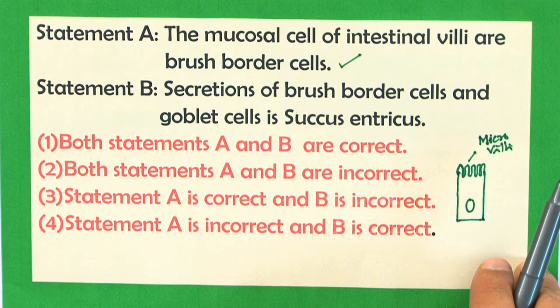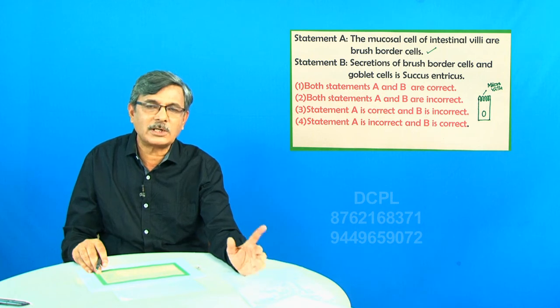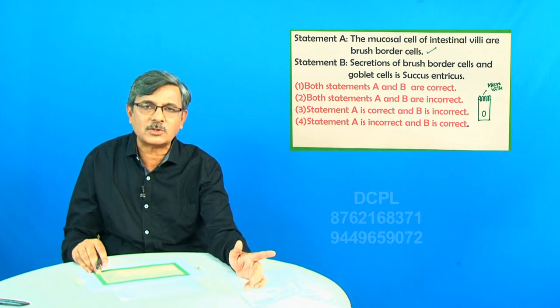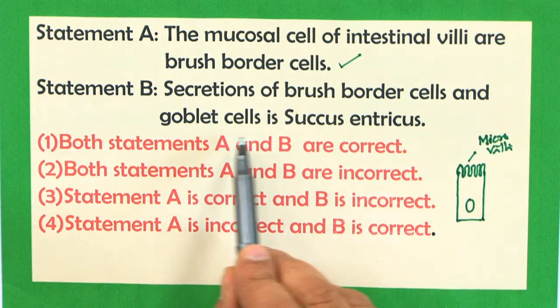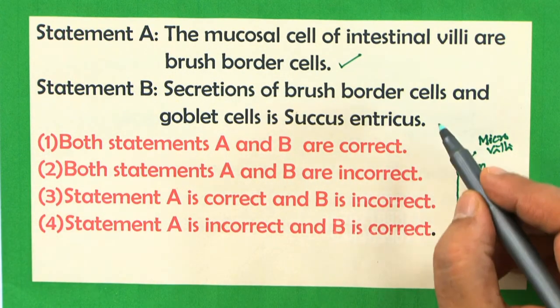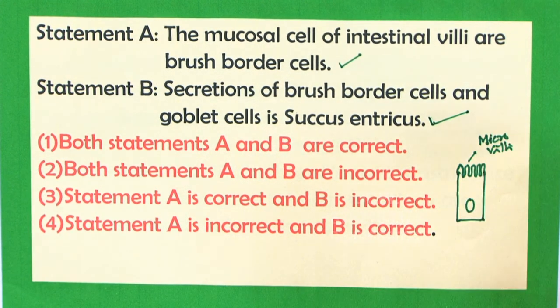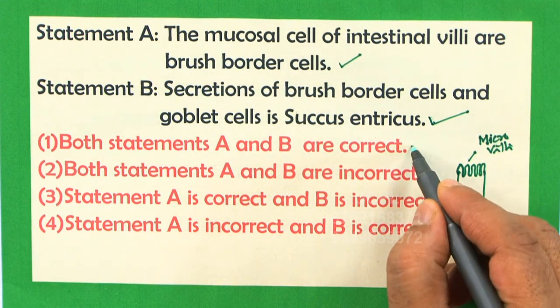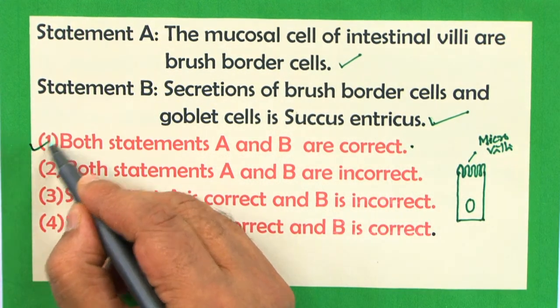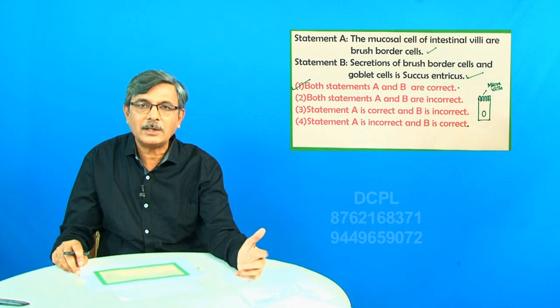Goblet cells, I hope all of you know, are unicellular mucus secreting cells. They secrete mucin that dissolves in water to form mucus. And the secretion of brush border cells and goblet cells is succus entericus. This statement is also correct. So both statements A and B are correct. Answer option 1 is the correct answer. Now we move on to the next question.